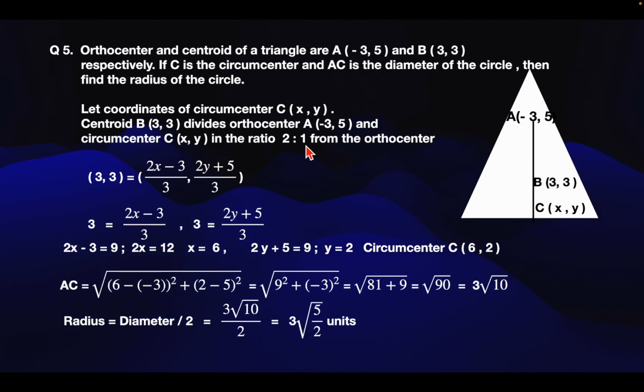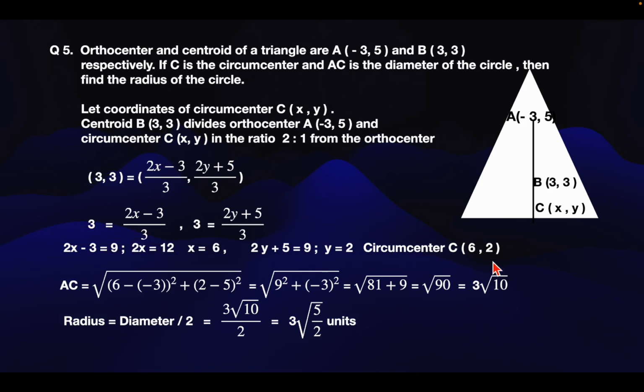And we are going to apply the section formula here to find the coordinates of the point C, (X, Y). We learnt about the section formula in the previous exercise. Please go through that and practice that, and then come back to the sum. Then use that section formula to find the coordinates of X and Y. Here we get the coordinates as (6, 2).